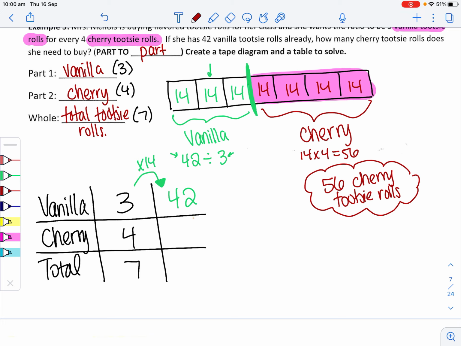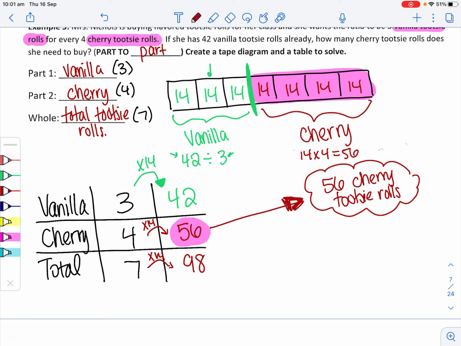I'm going to do the same thing in the cherry part of my table, multiply by 14. And the same in the total part of my table, multiply by 14. 4 times 14 is 56, and 7 times 14 is 98. And here again is that 56.